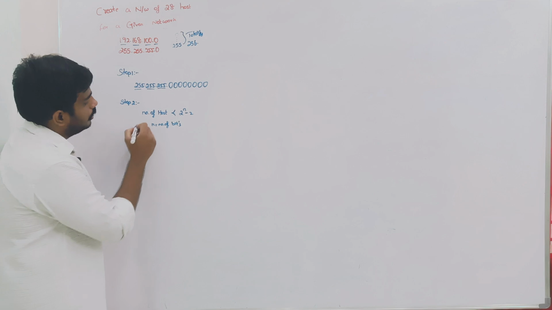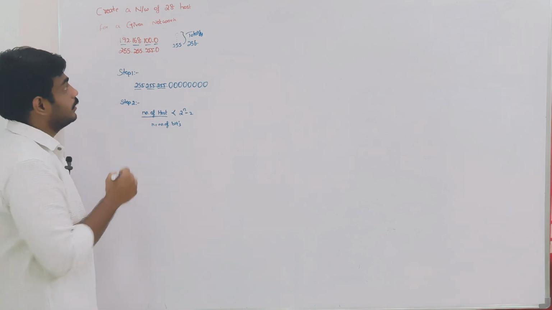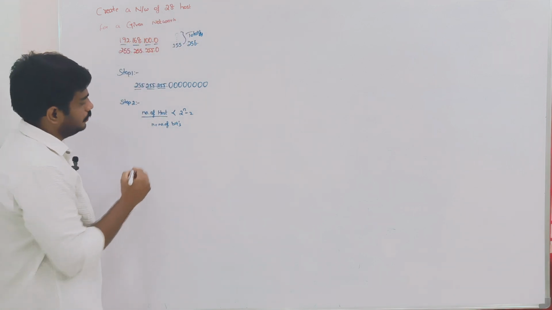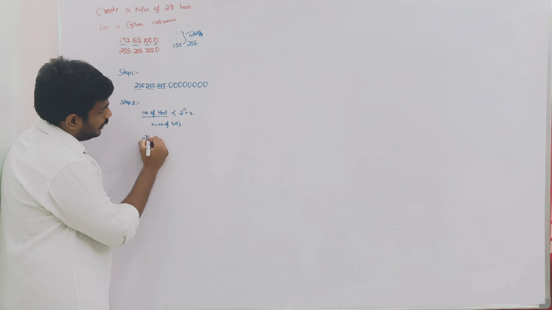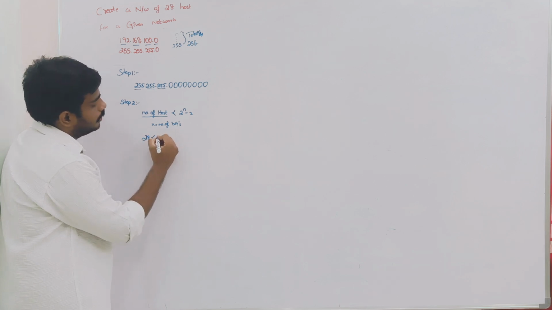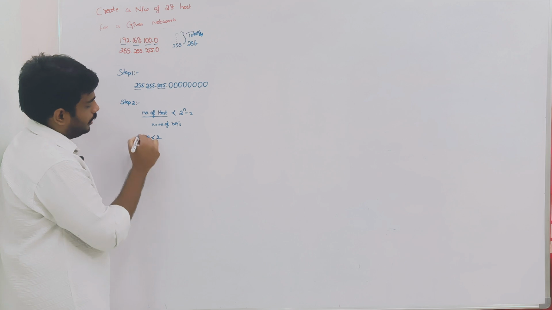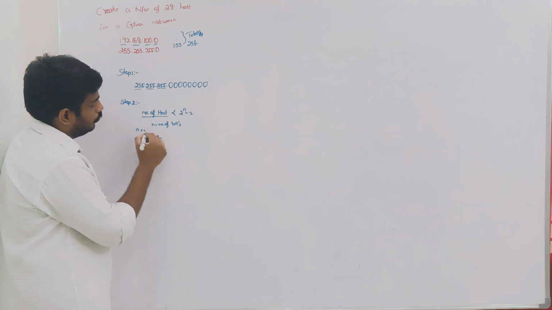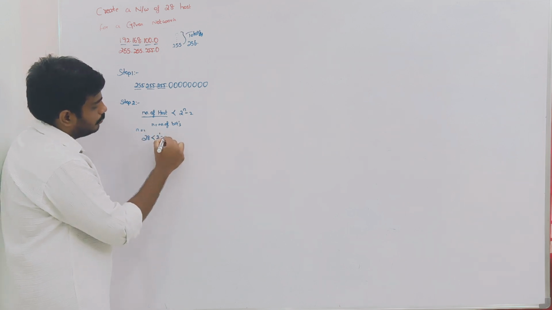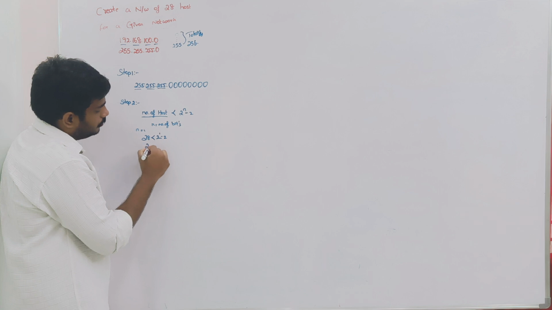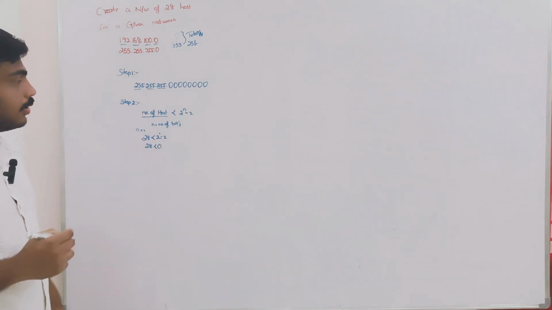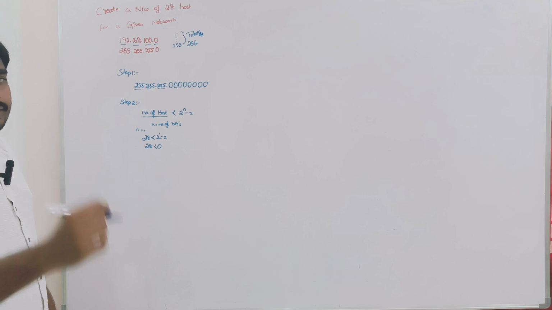We require 28 hosts. So let us take n equal to 1: 2 power 1 minus 2 is 0. Is 28 less than 0? No.